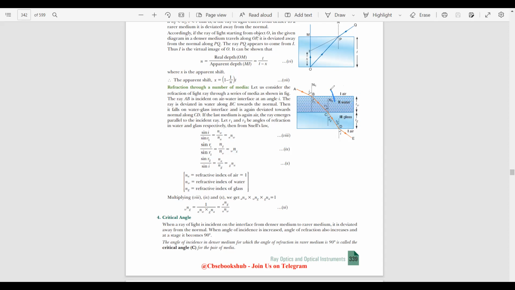So rarer to denser, denser to rarer, right? Rarer to denser, towards; denser to rarer, away. It moves towards the normal. See, this should be the actual line. It's moving towards. Again, it's moving towards. Now, denser to rarer, so it's moving away.